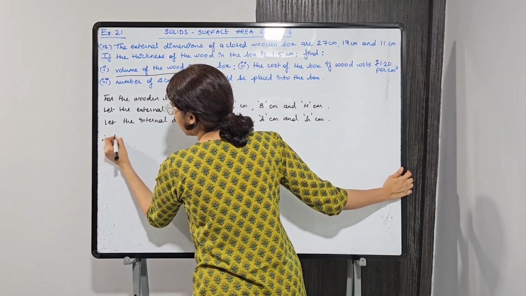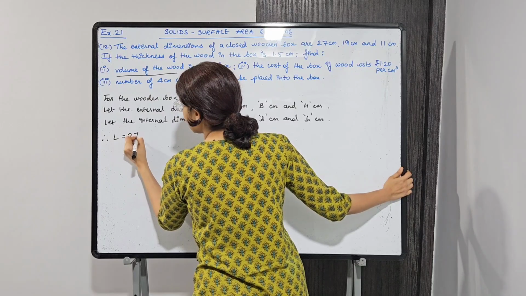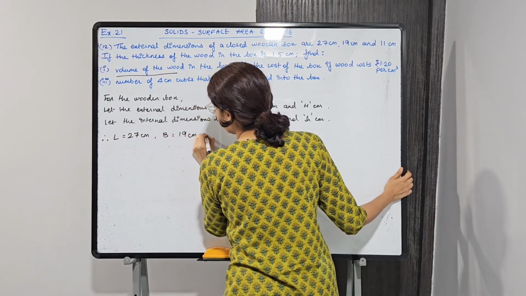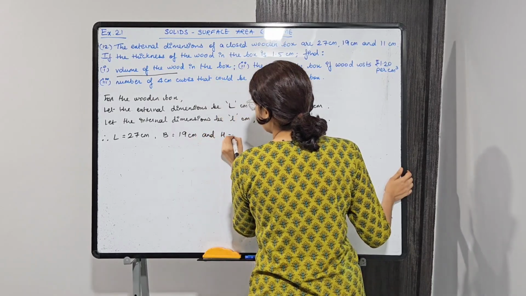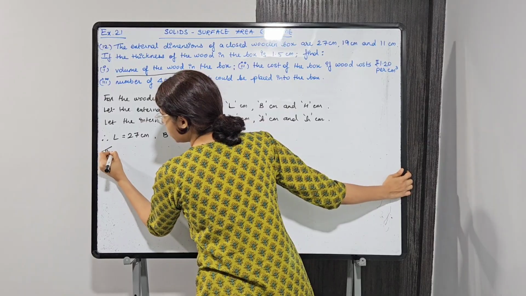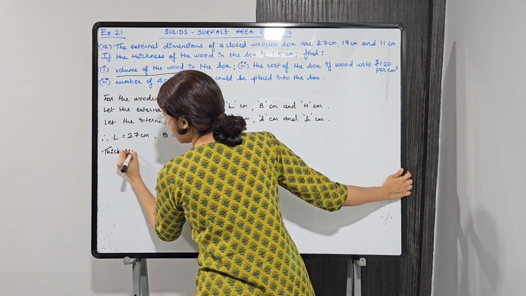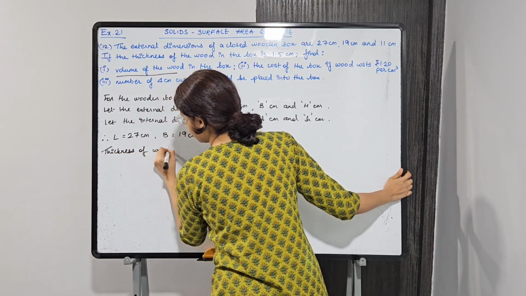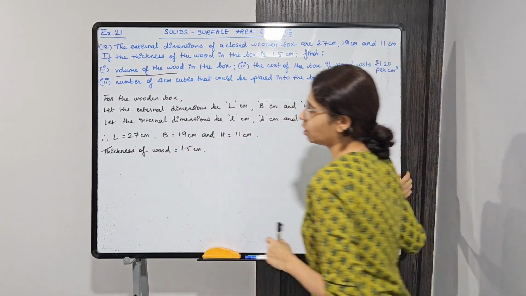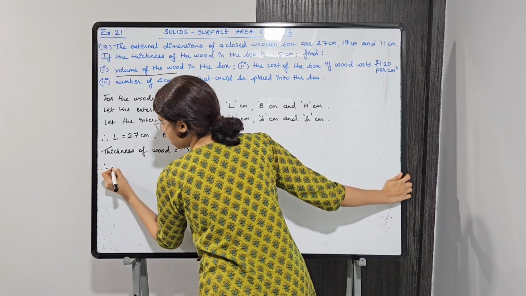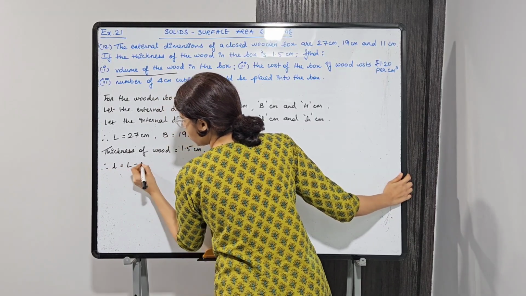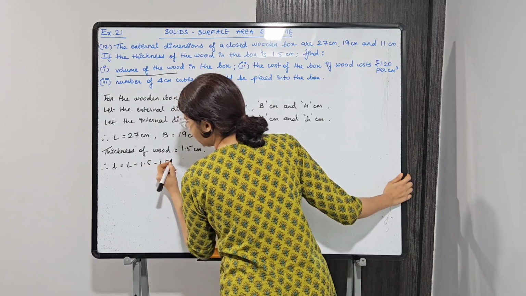Therefore we have capital L as 27, capital B as 19, and capital H as 11, right? Thickness of the wood is given: 1.5 centimeter. So therefore small l is capital L minus 1.5 minus 1.5, that is minus 3.